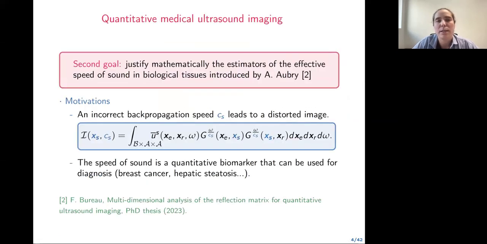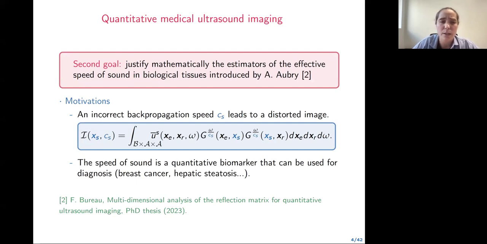The second goal is to study, with this new expression of the measured field, the estimators of the effective speed of sound in a biological tissue that were introduced by Alexandre Aubry from Institut Langevin and his team. Our motivations are twofold.